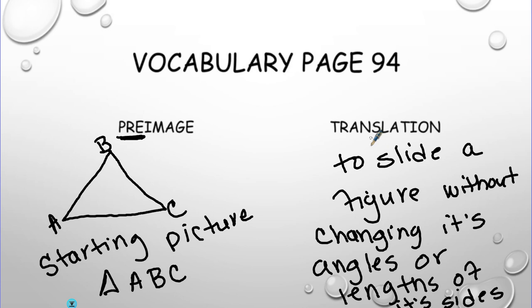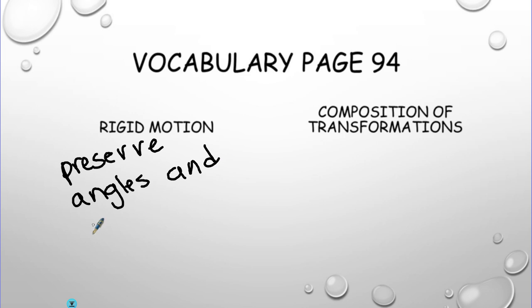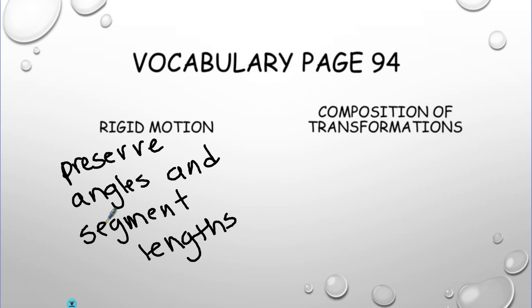And if you see the word here, SL kind of can help you remember slide. Okay, rigid motion means exactly the same thing. It means to preserve angle and segment lengths. That's what rigid motion means. And an example of a rigid motion is a translation.